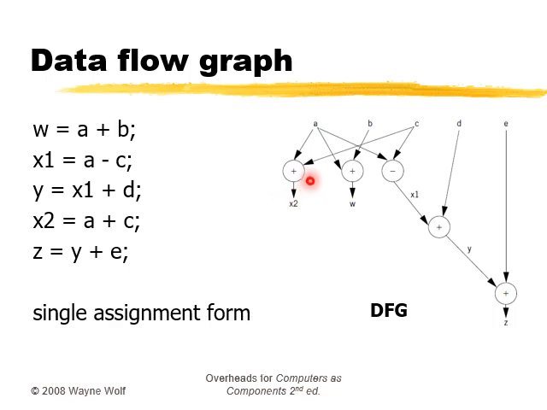So these round nodes, this plus, this plus, this minus, this plus, and this plus, are representing operations. If you see here, a + b is equal to w, so a and b are coming from here. So this is w. How are we getting x2? This is a + c, we are getting x2. And then how are we getting x1?